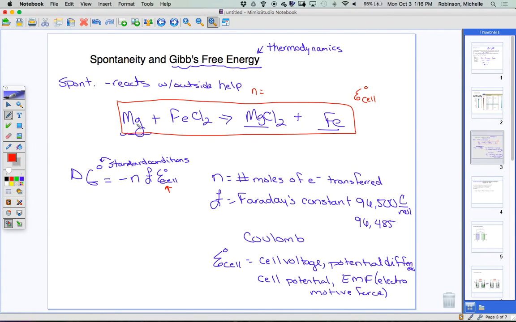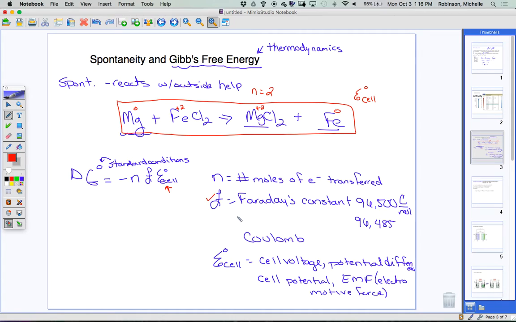You're not seeing it because it's a balanced equation. 2, right? Because magnesium goes from an oxidation number of 0 to +2, and iron goes from +2 to 0. Can you see that 2 electrons transferred? Okay, so n is 2.